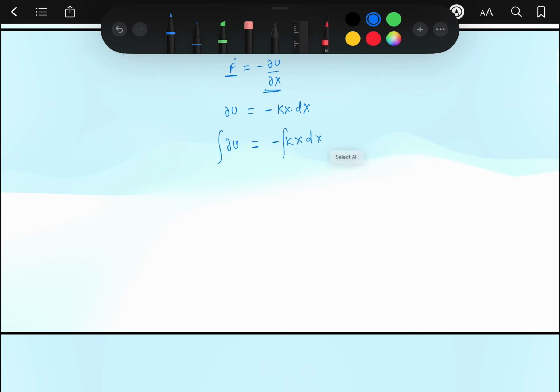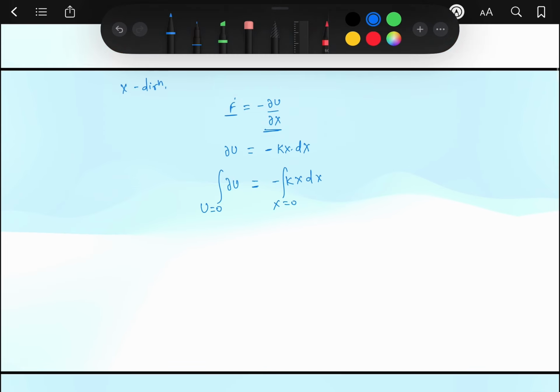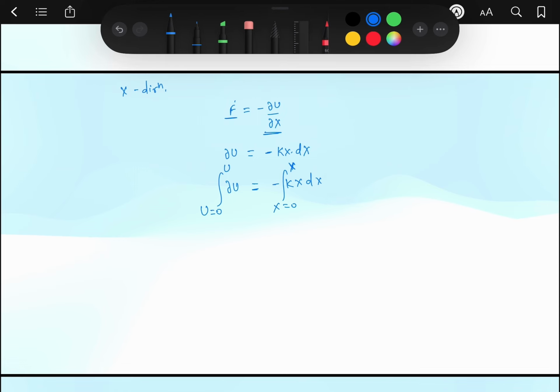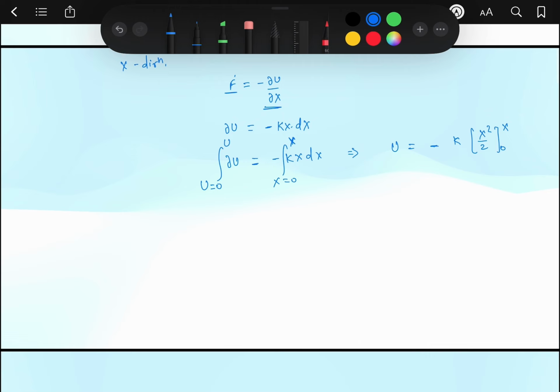Since it is given that at x = 0, the value of potential energy is 0, and the value at some position x, let us suppose, is U, that we have to find. So if I solve this integral, I will get the U value equal to negative of k times the integration of x dx, which is x square by 2, from limit 0 to x.